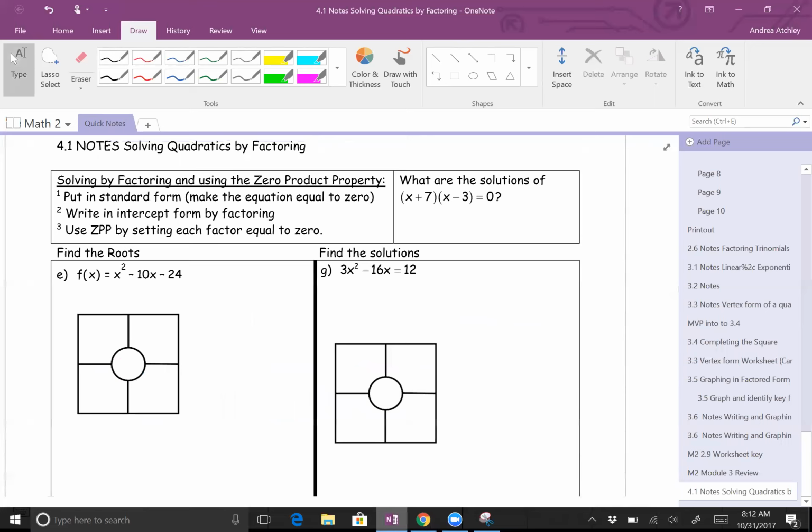We want to make the equation equal to 0. So I want to find the x-intercepts, and when it's on the x-axis, the y values are 0. So I'm going to replace f of x with 0. I'm going to substitute in 0 for f of x. So I'm going to have 0 equals my x squared minus 10x minus 24.